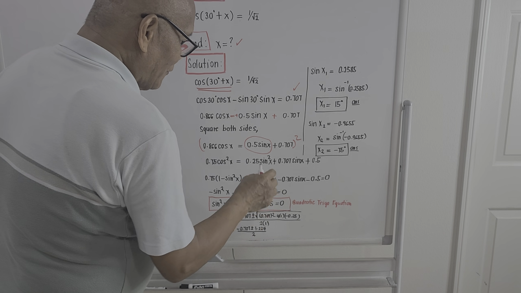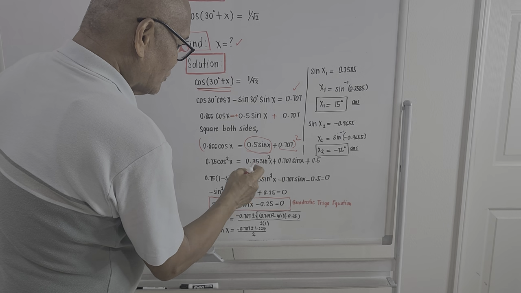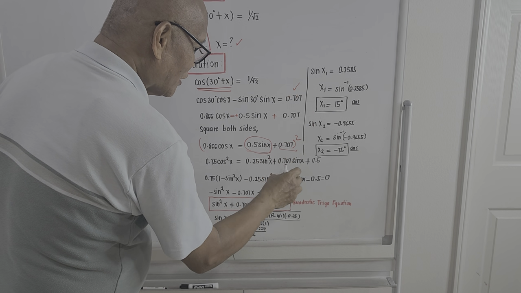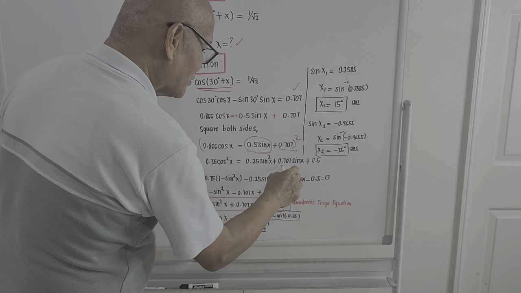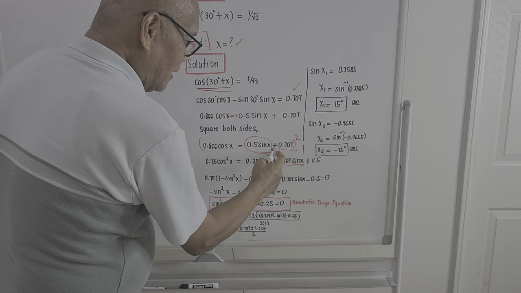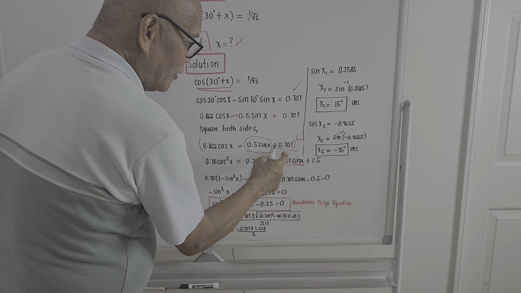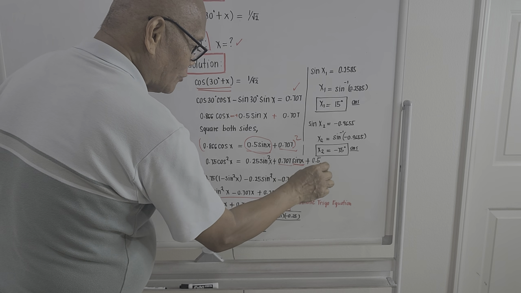The middle term will be the product of the first and the second times 2. So 0.5 times 0.707 times 2, that will be still 0.707, times sine of x. The last term on the right hand side will be the square of 0.707, and if you square 0.707, that will be 0.5.